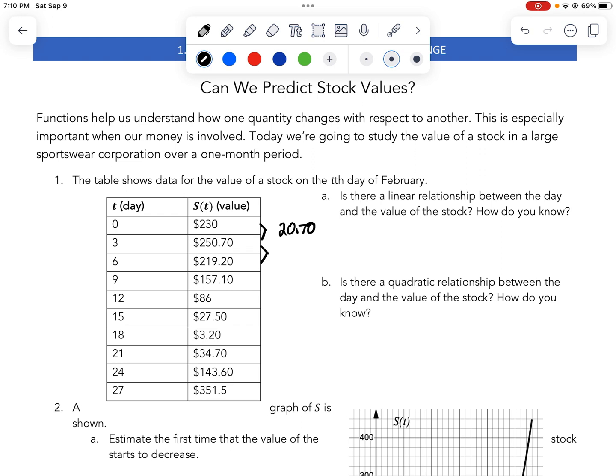Well, it's going down, and it's going down $31.50. Oh my, and then it drops again, drops $62.01. The stock keeps dropping, negative $71.10. So is it linear? No, because that rate of change is different.